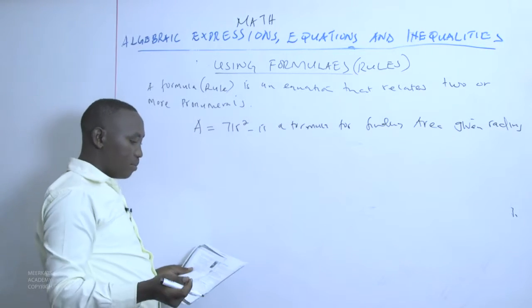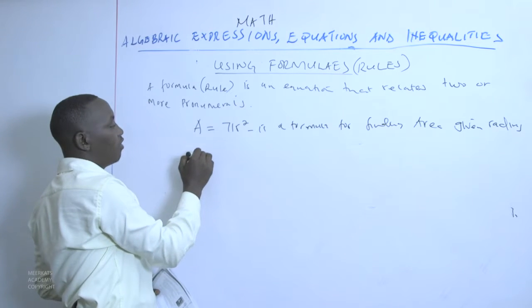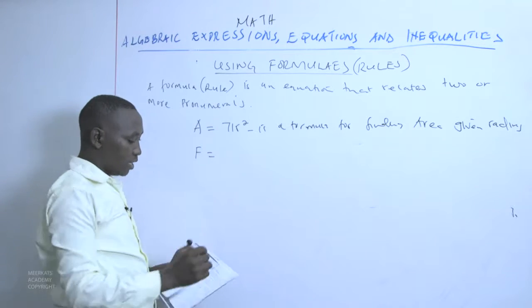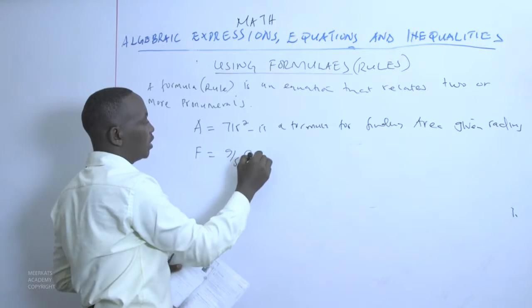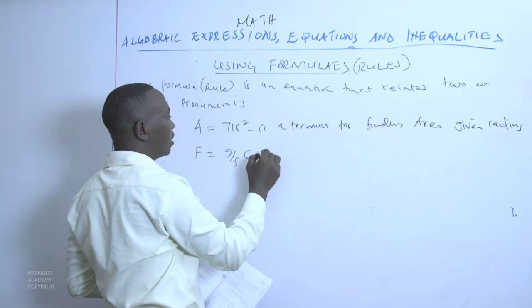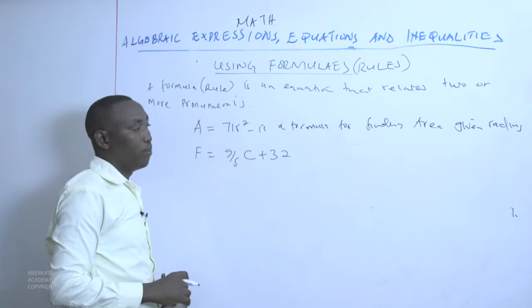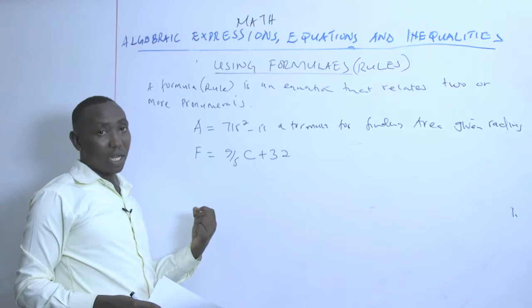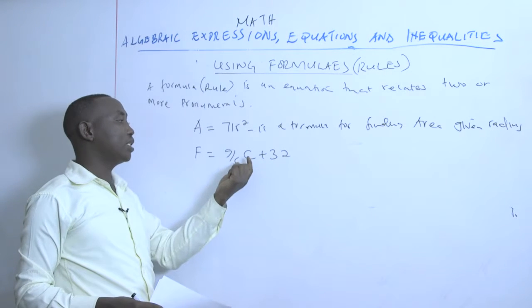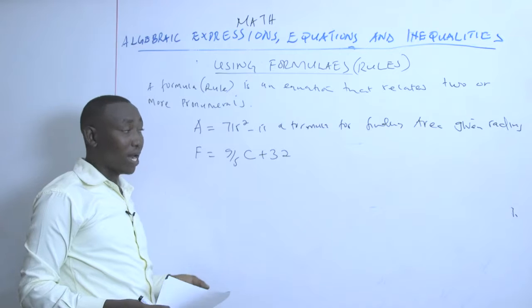We can have another example of a formula. F is equal to 9/5 C plus 32. We can recall that this is a formula that is normally used to convert degrees Celsius to degrees Fahrenheit.